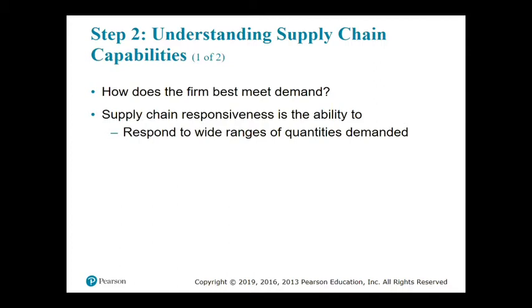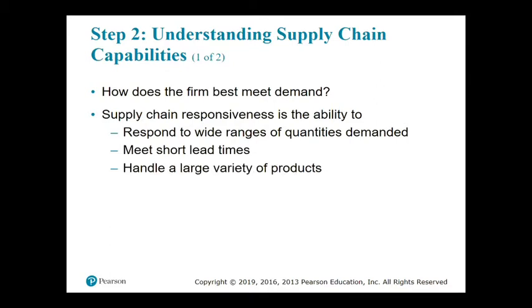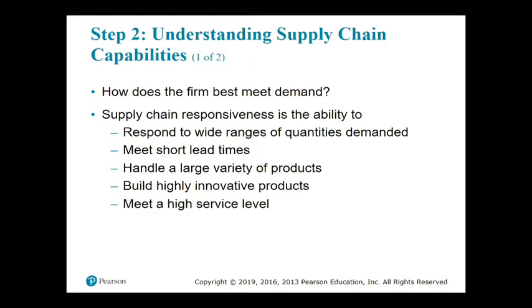So that could be changes in a variety in the order quantities, or meeting short lead time, or handling a large variety of demand orders for different kinds of products, or the ability to build very innovative products with very short life cycles, and meeting a high service level.